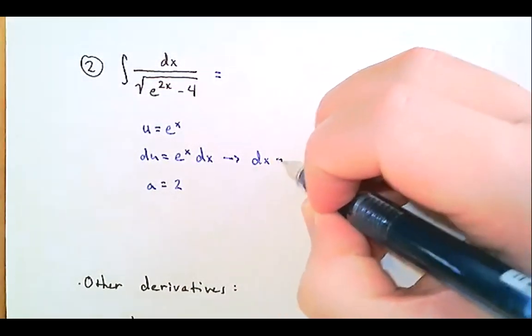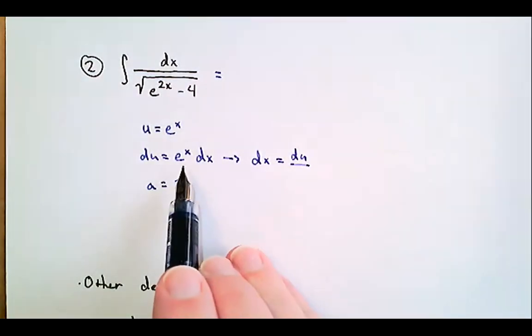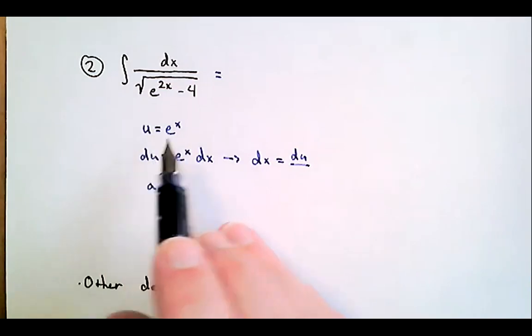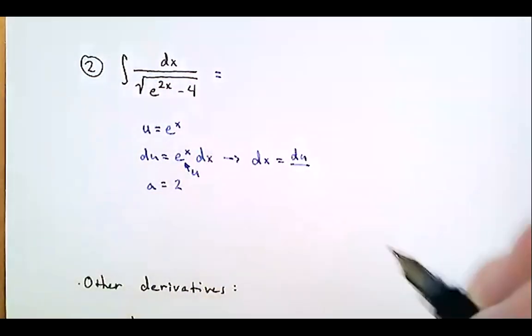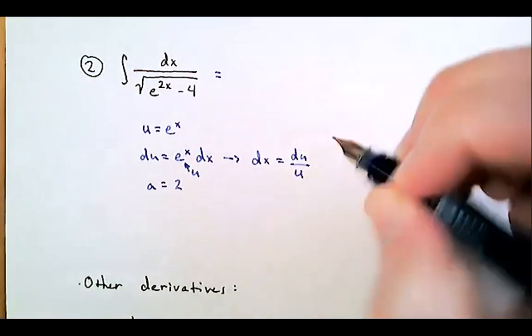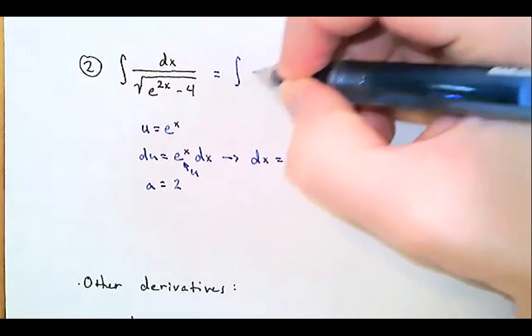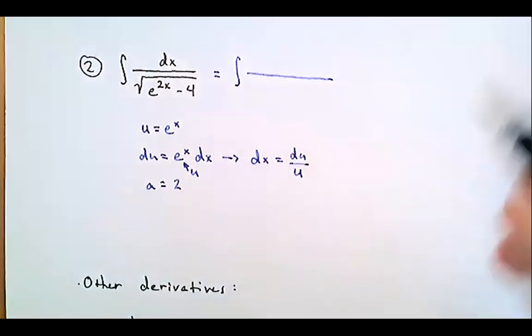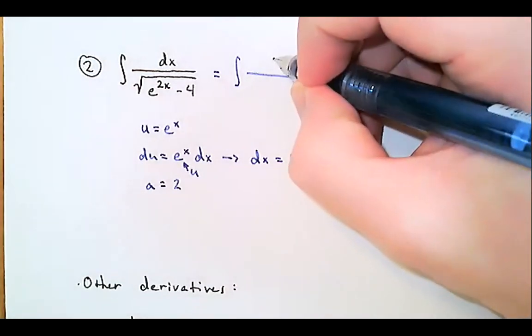So dx is equal to du over e to the x, but remember e to the x is just u. So instead of writing it as e to the x, I'm going to write it as du over u. So dx becomes this, du over u.